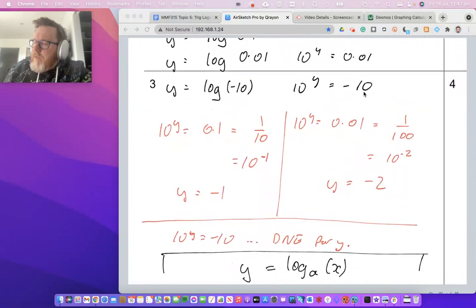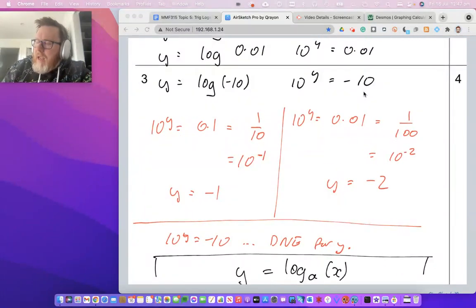So first things first, you can see that I can't put a negative number into a log function because it doesn't make sense. It does not exist. And that means the domain is going to have to be greater than or equal to 0, or just greater than 0. Let's leave it at greater than 0, and we'll come back and put an equal sign there if we can prove it. So x would have to be greater than 0.